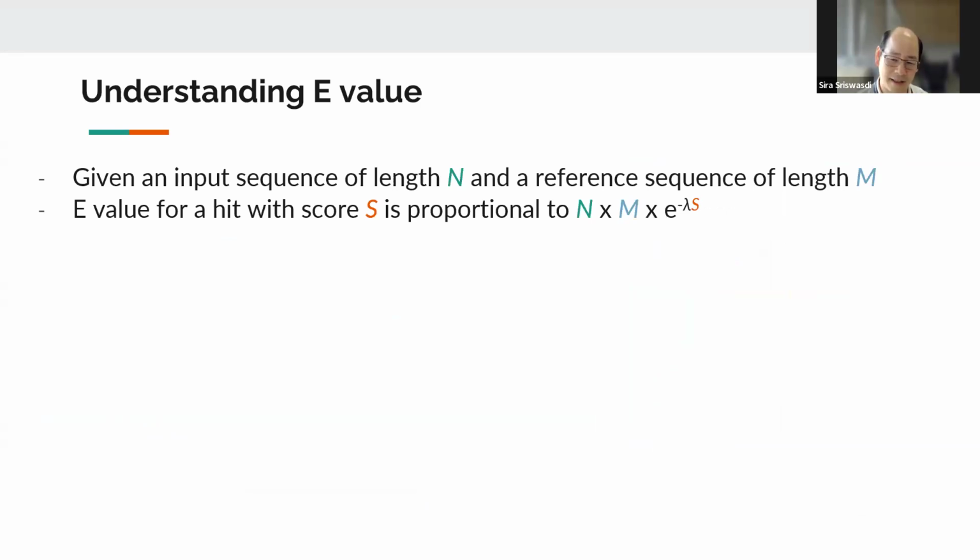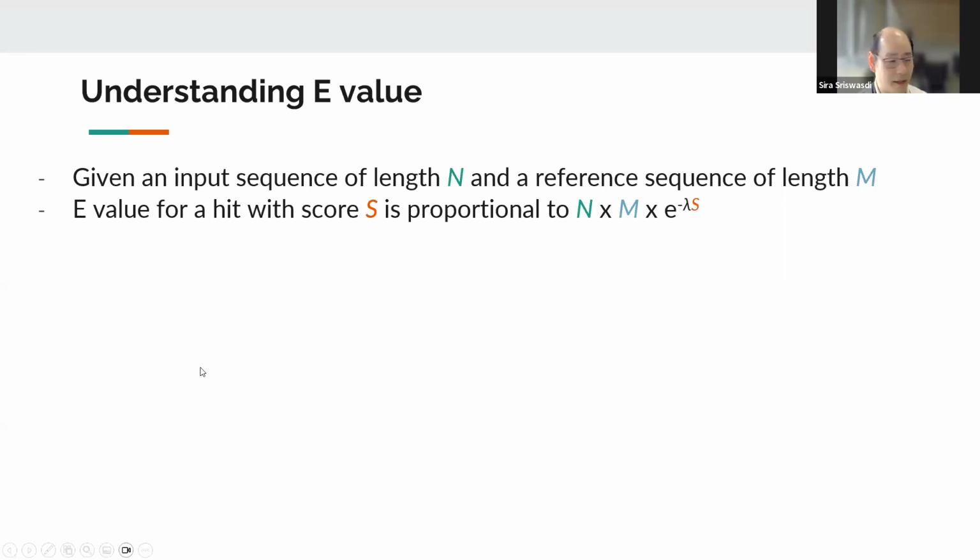How do we turn that into statistics? From what we learned so far in statistics class in university, I don't believe anyone has seen a statistical model for sequence alignment. So let's take this chance to analyze how people define the E-value for a sequence alignment result.